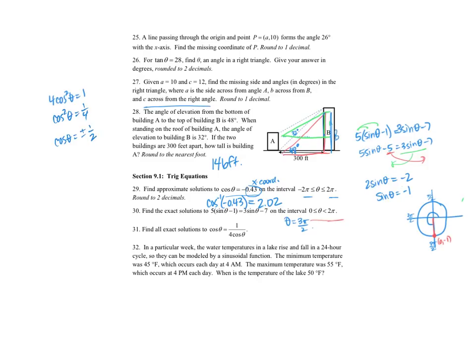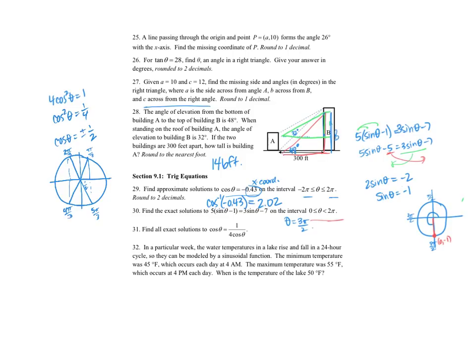Okay, and so if I want all of the angles that have cosine theta equal to 1/2, I can draw that. Cosine, remember, is the x coordinate, so if cosine is 1/2, then that's at pi over 3, and cosine is also positive 1/2 at, sorry, how many pi's over 3? 1 pi over 3, 2, 3, 4, 5 pi over 3, and then cosine is negative 1/2 at 2 pi over 3, and 4 pi over 3.